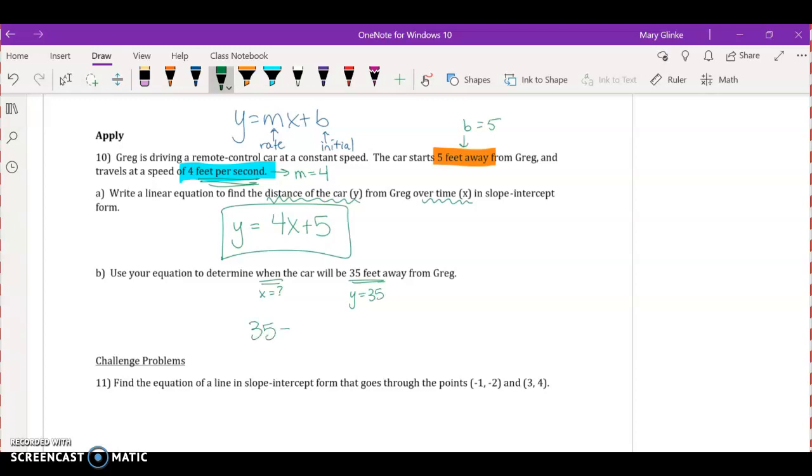So we're going to plug 35 in for y, and we're going to solve for x. Using our slope-intercept formula, we end up with x equals 5, which means 5 seconds later, the car would be 35 feet away.